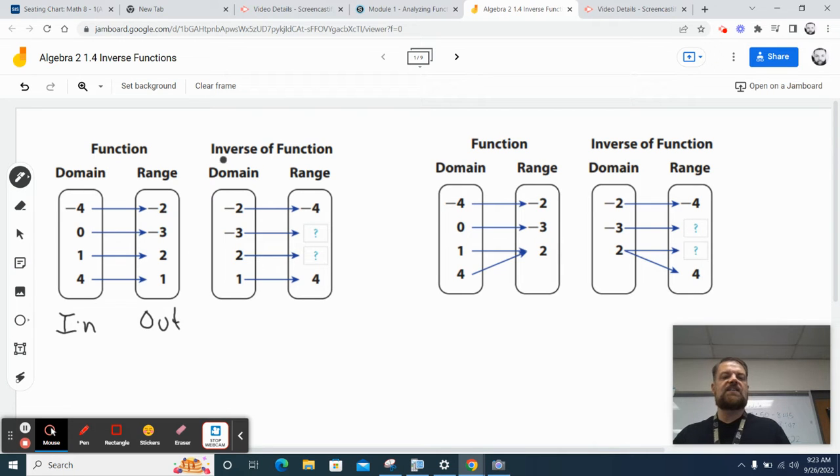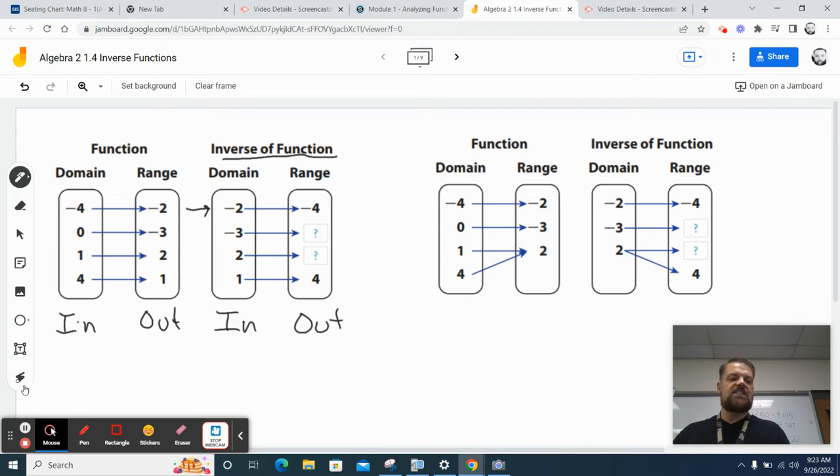But if I take the inverse function and I take whatever this output was and now make it the input for my inverse function, then it becomes the original input, which is the output of the inverse.